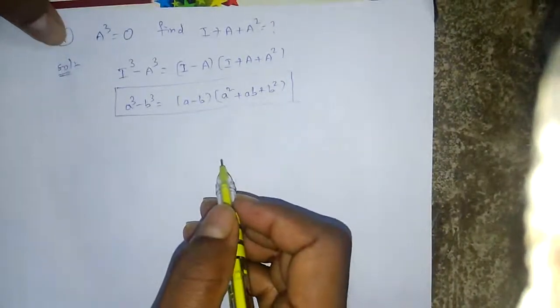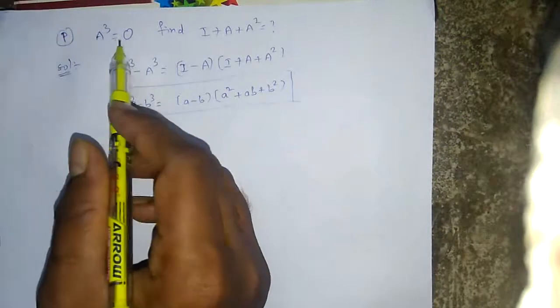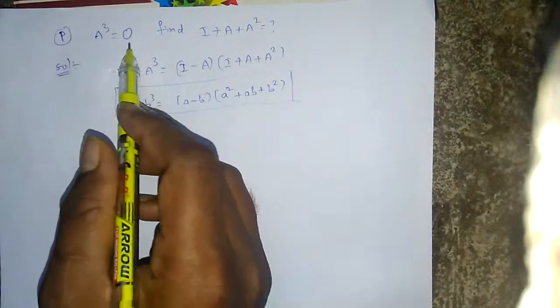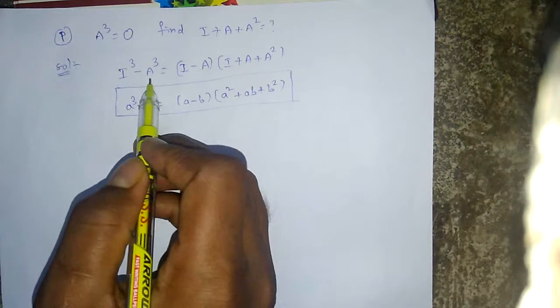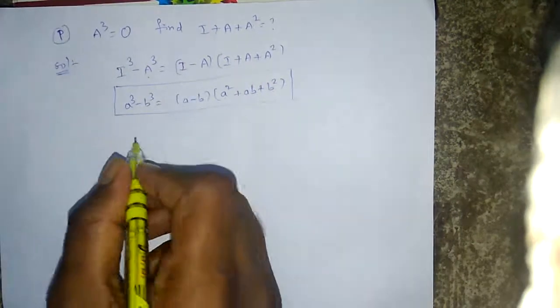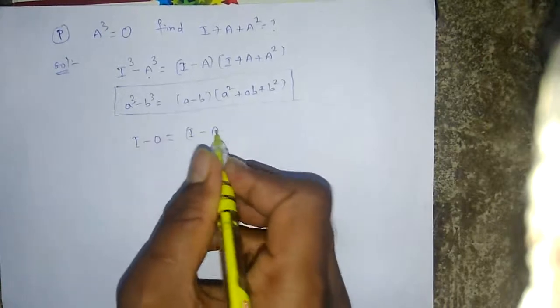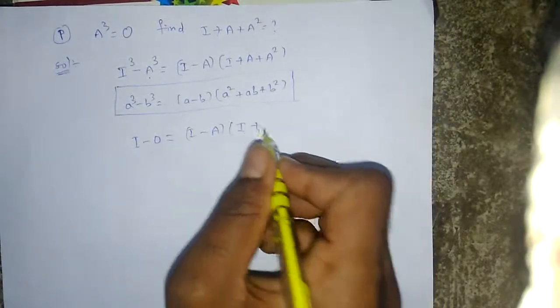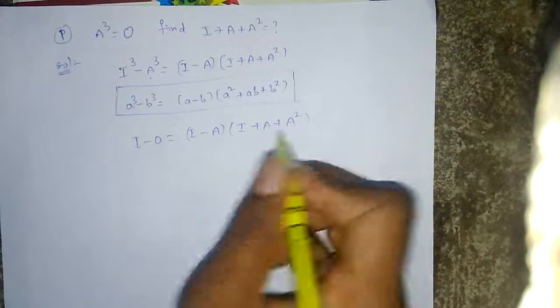Here, A cube is given as capital O, so you can substitute A cube equal to O, and I cube minus O is equal to I minus A into I plus A plus A square.